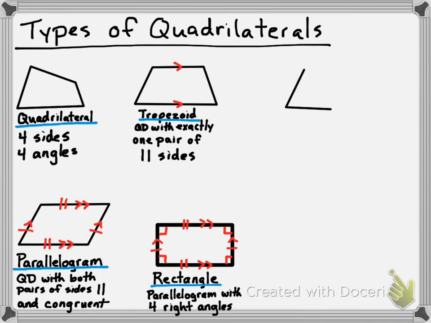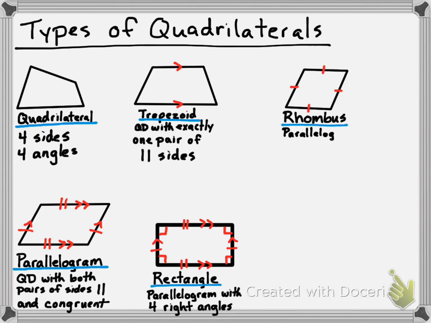Alright, then we have another shape, another quadrilateral. It looks kind of like a parallelogram, except all four sides are congruent. Okay, well, when all four sides are congruent, this is called a rhombus.